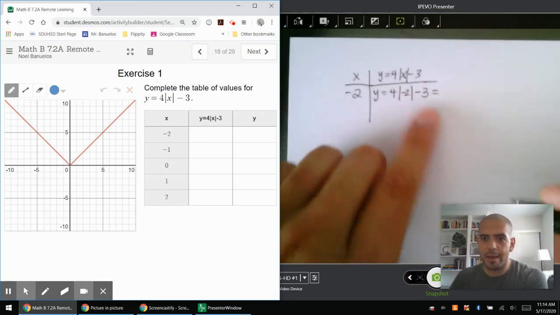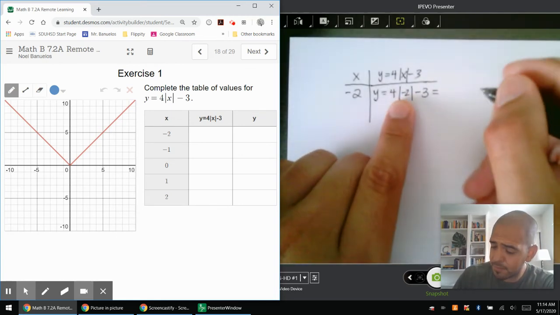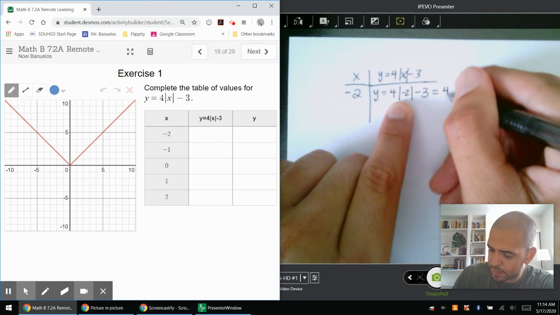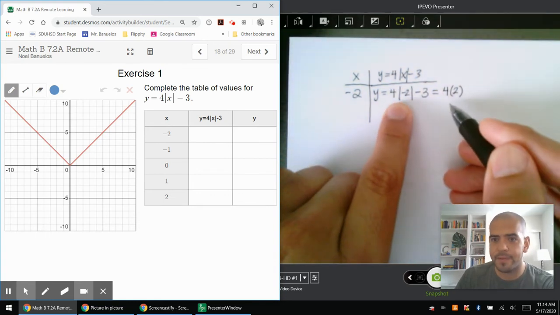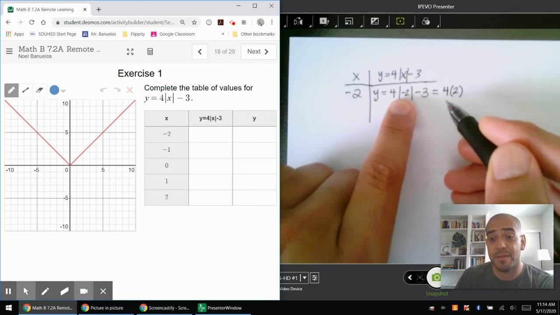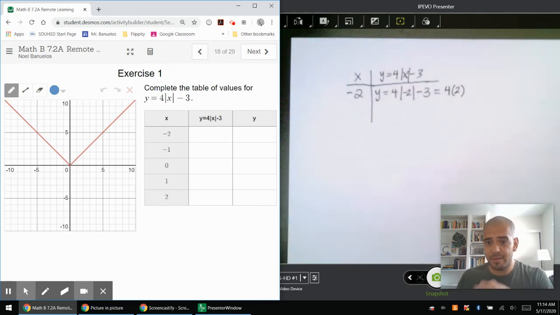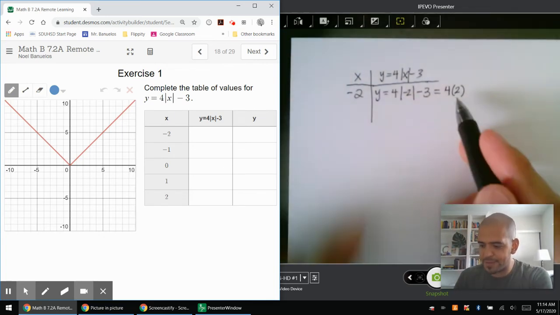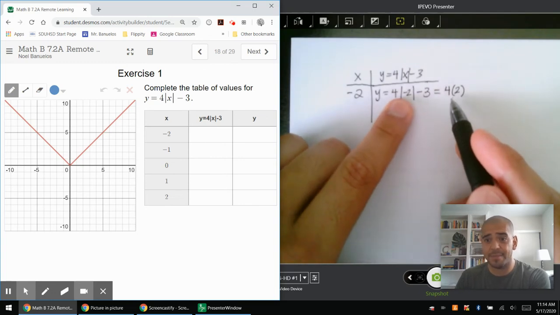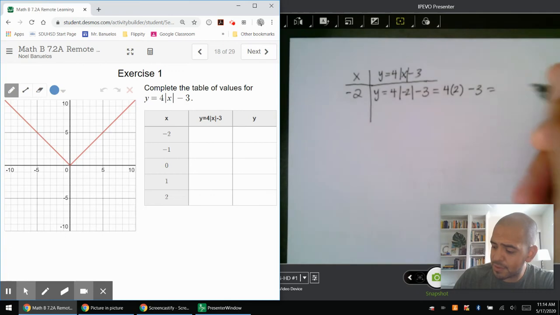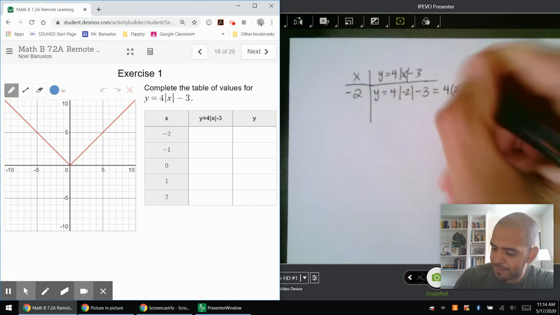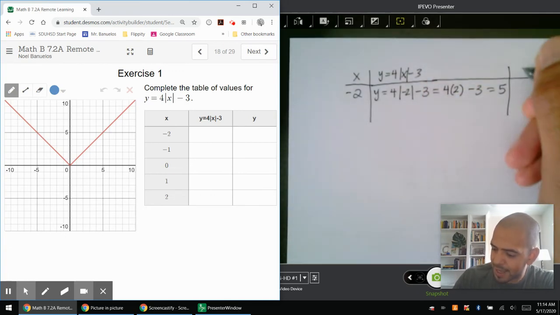What's the absolute value of -2? +2. So it's 4 times 2 now. Notice how my absolute value symbol went from the sticks to parentheses, because that means I've taken the absolute value of it. 4 times 2 is 8. Take away 3, which is 5. That's kind of how you would approach that.